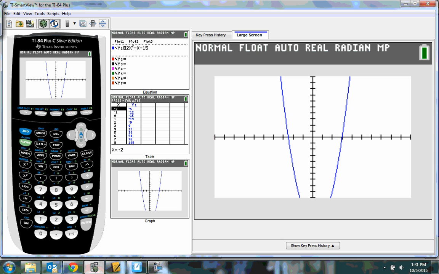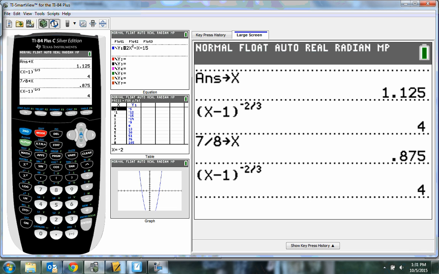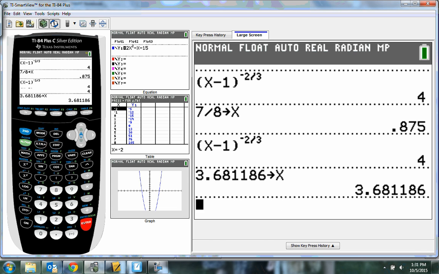Okay. So when I'm here, if I did 3.6812, give me 2 more decimals. I got 1186. Thank you. I'm going to store, so I'm going to use that little store button in for X. Then I'm going to type in what my equation was.